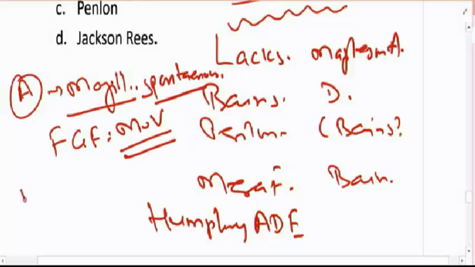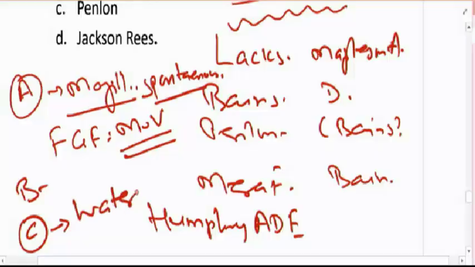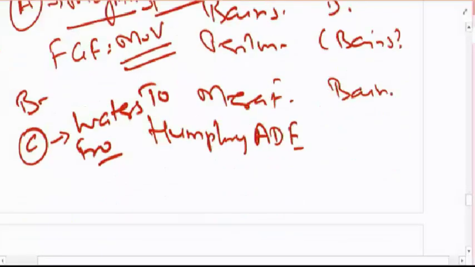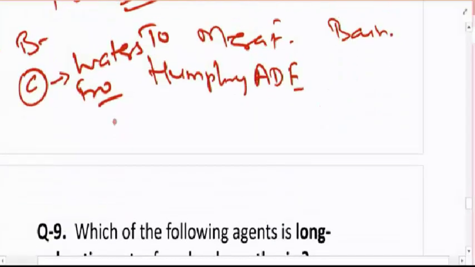Then comes Mapleson B, it is obsolete. Then comes Mapleson C, also known as Waters to and fro circuit. This is used for transportation of the patient. Then comes Mapleson D, also known as Bain circuit.